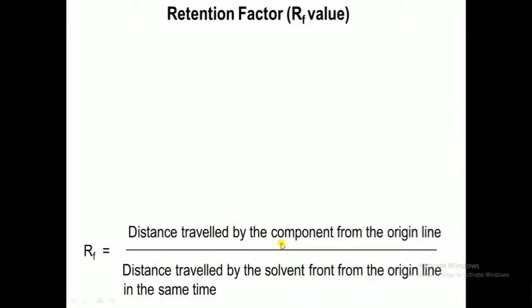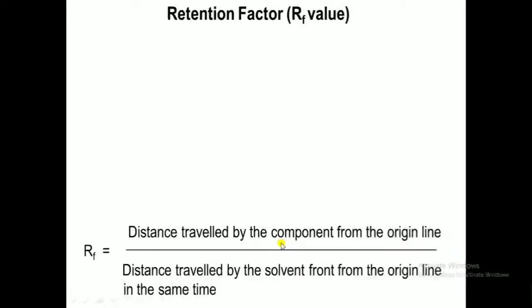So when we place a mixture as a spot on a reference line, and when the planar chromatography is happening, the mobile phase will take your components in the upward direction. After a particular time, the different components in your mixture travel different distances from the reference line.